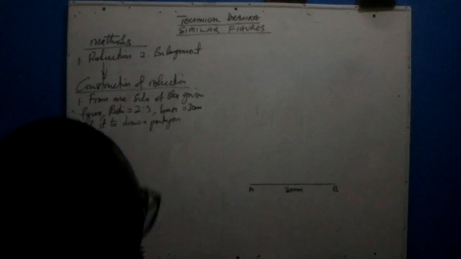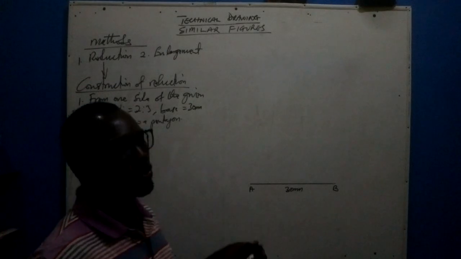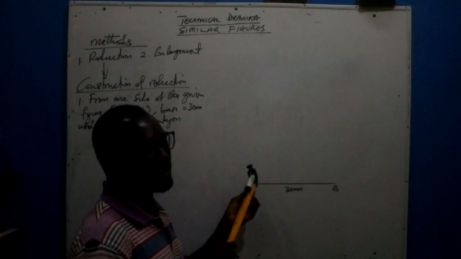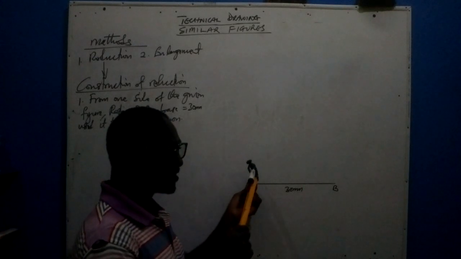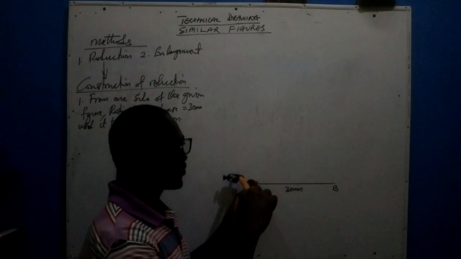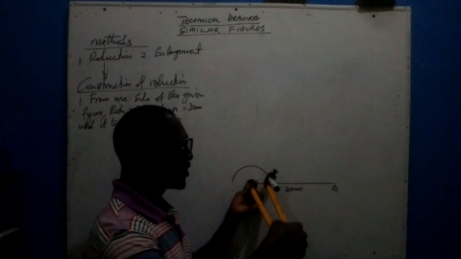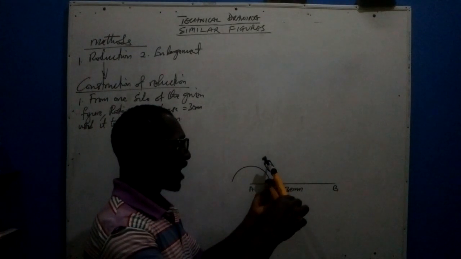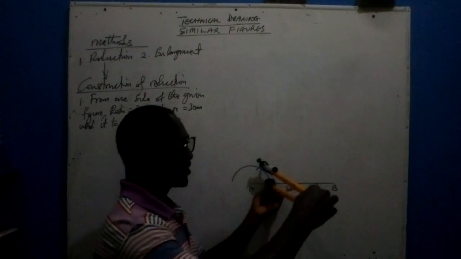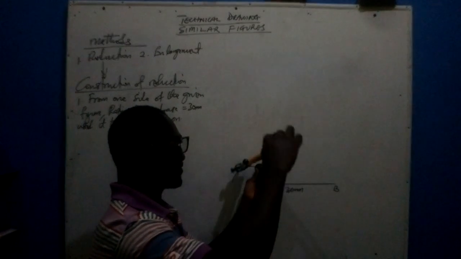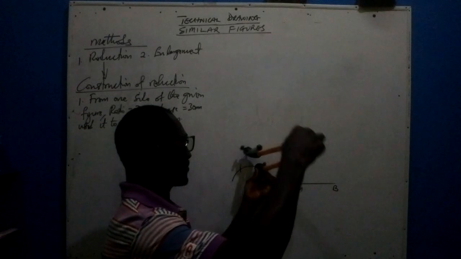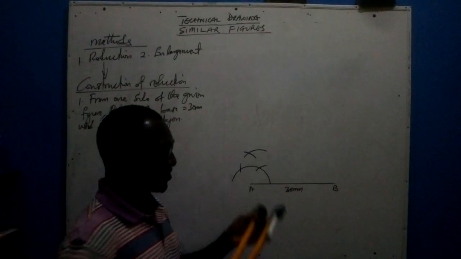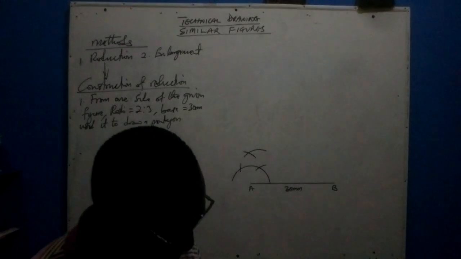Then you can stand on any of the points to construct those angles, which is the 45 degrees and 60 degrees method. To get the 45, I must construct 90 degrees. You pick your compass and open a convenient radius, as we did in the polygon. Now I'm constructing my 90 degrees. Now I'll finish constructing the 90 degrees.